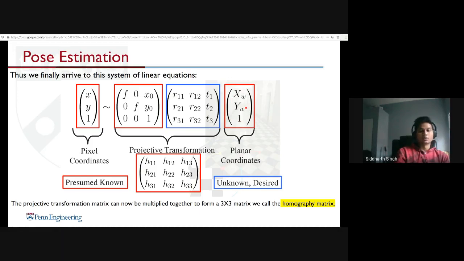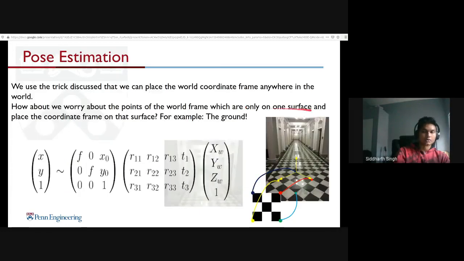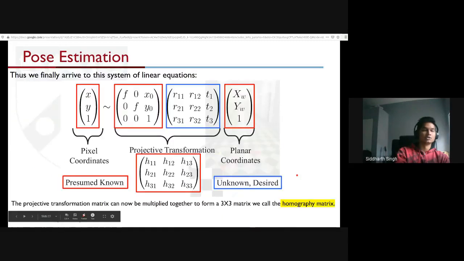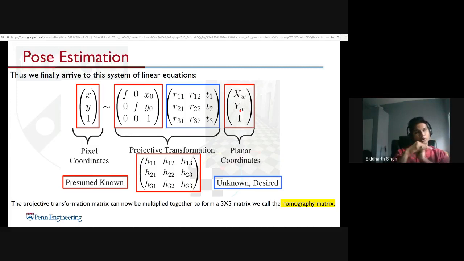As a matter of fact, it is not important that you keep z zero. You can even keep z constant and you would have the same effect, because again it would have no effect on the entire R and T, as it would only be a scaling by a scale value. So if the points that I'm interested in lie on the same plane, then we can perform this trick, right? So now we have the intrinsic camera parameters, the optical centers x0 and y0, the focal length, and we have the R and T, right?